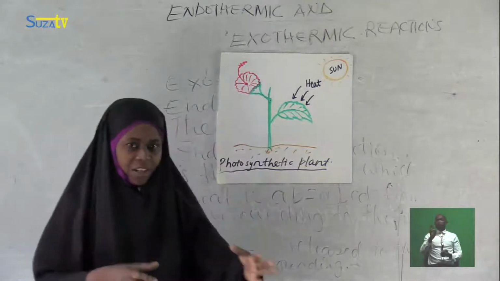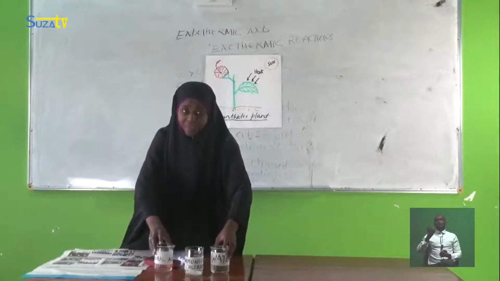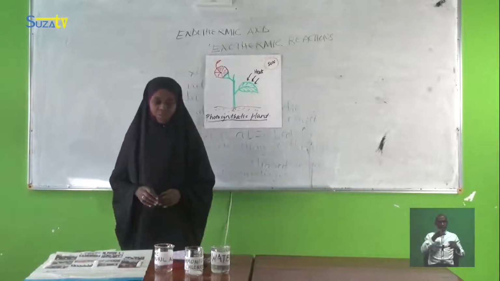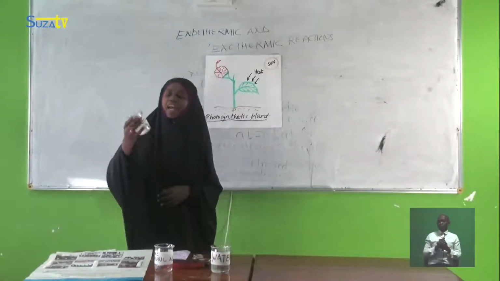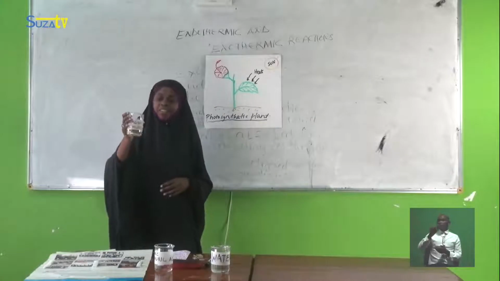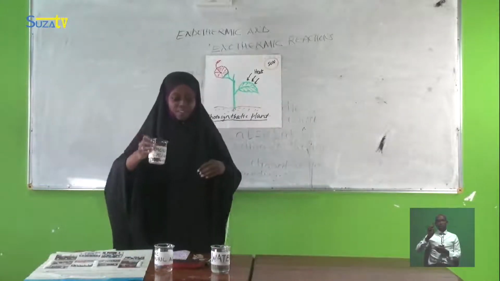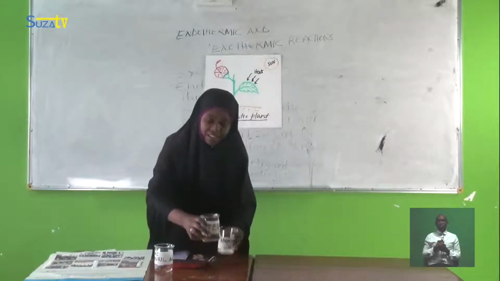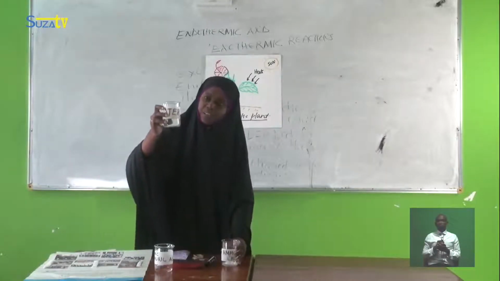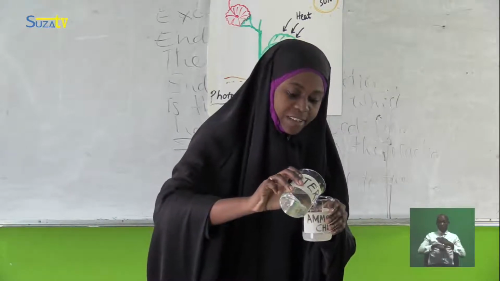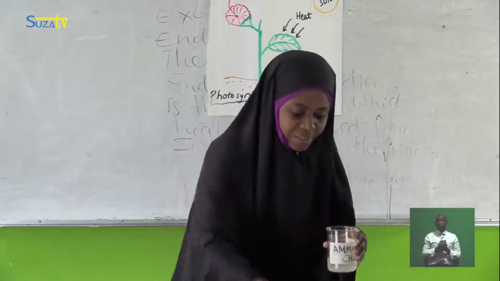Now, look here and observe carefully what I'm doing, and then you are going to answer me. I have ammonium chloride. I add some water to dissolve it.